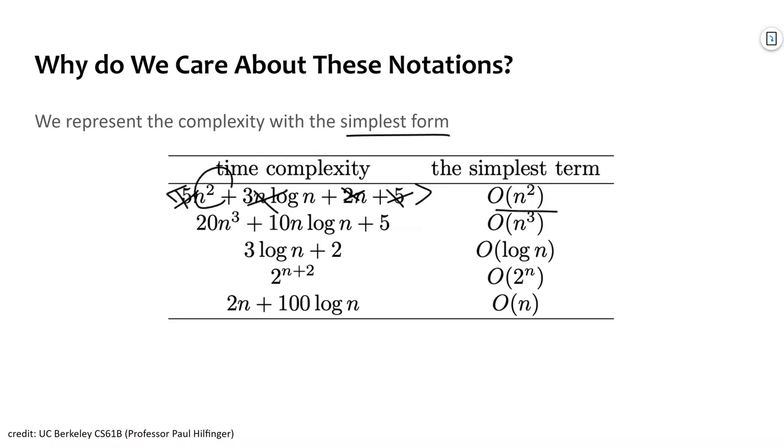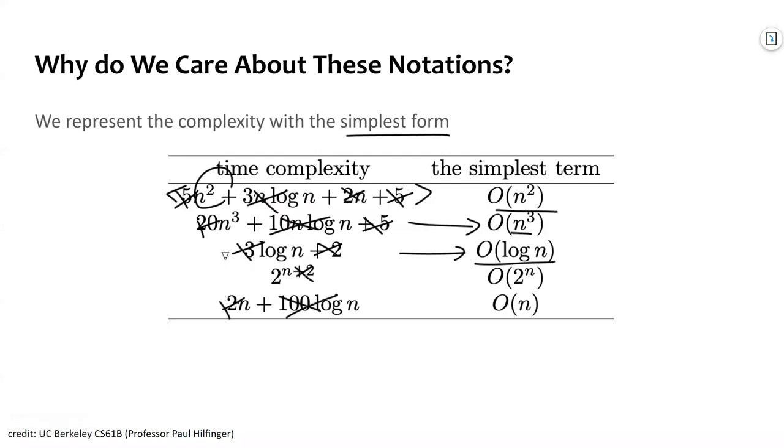In this case, we remove the smaller time complexity terms and the constant, and we just say the time complexity of this algorithm is big O n cubed. In this case, we do not care about these numbers, and the time complexity becomes big O of log n. In this case, we remove this part and this part.